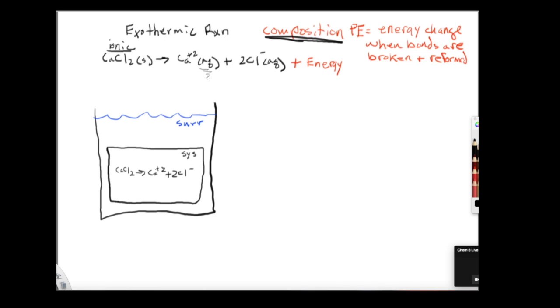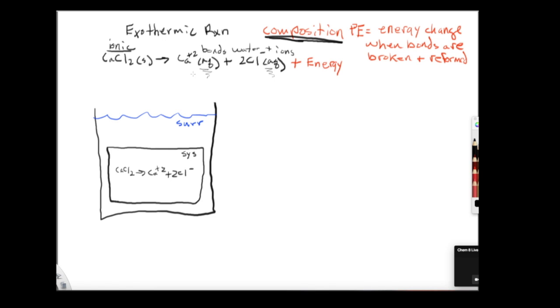That's what the aqueous business is about. So there's a difference in compositional energy between this ionic bond here and the bonds between the ions in water. So over here we're going to have bonds, water, plus ions.